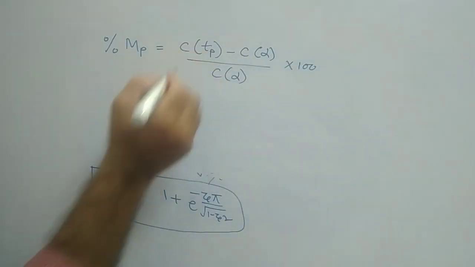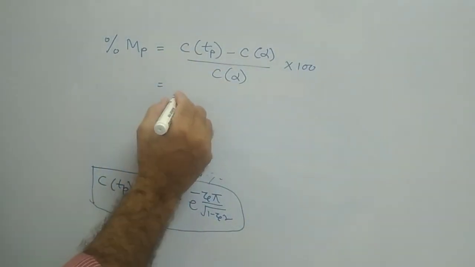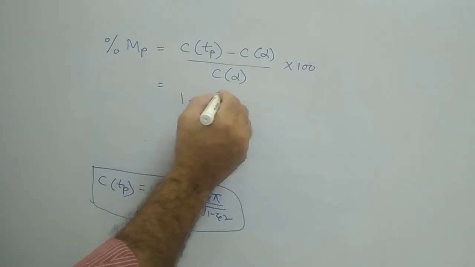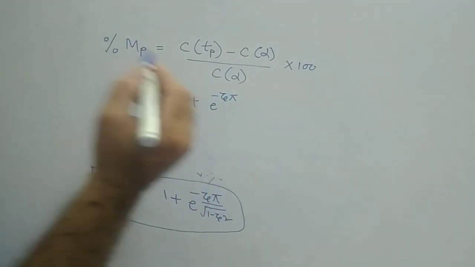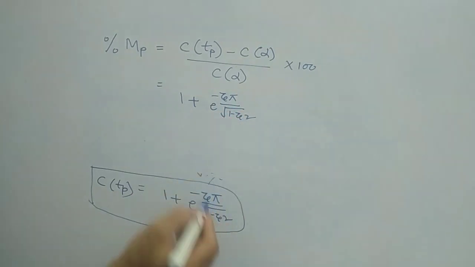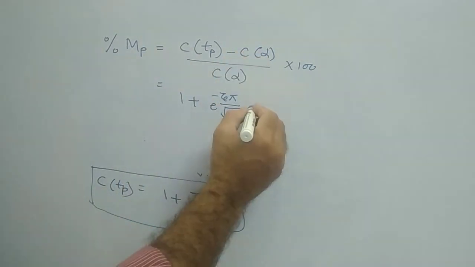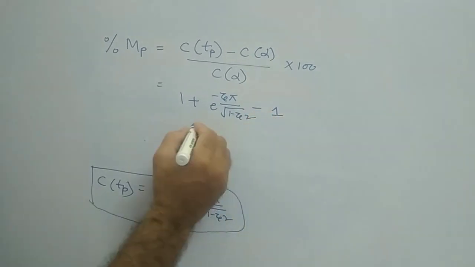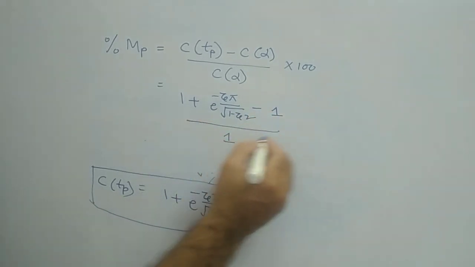What is C of Tp? It is 1 plus e power minus zeta pi by square root of 1 minus zeta square. Minus C of infinity, and what is the value of C of infinity? It is 1, by 1, into 100.